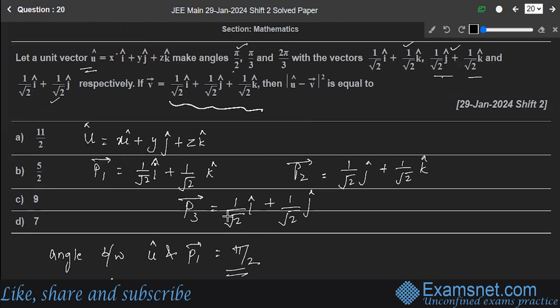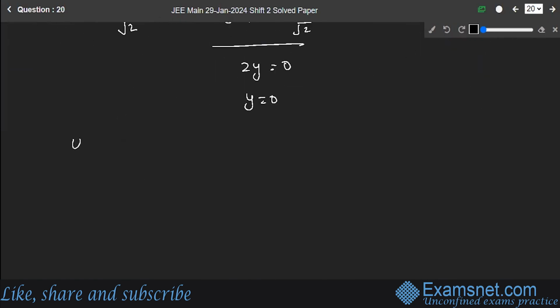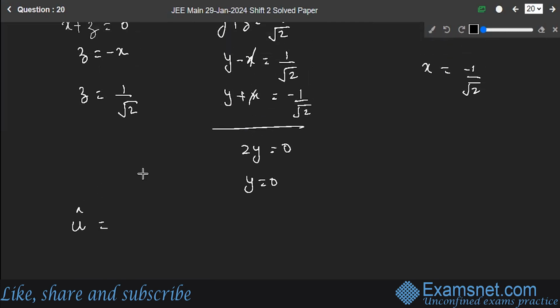Okay, what we needed to find out was: you are given this v vector, and we need the magnitude of u minus v. Let's make that u vector, as we have the values of x, y, z. So the u vector will be equal to minus 1 by root 2 i plus 1 by root 2 k.